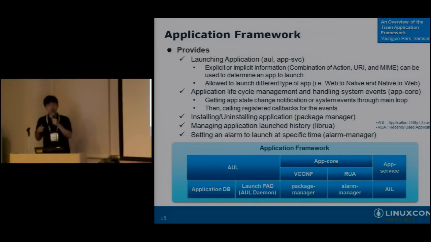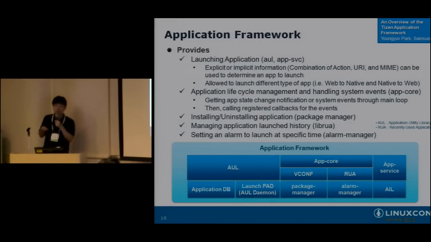Handling system events is a similar way from the application point of view. The application defines its callbacks and adds that callback for a specific system event. All of this is based on the main loop, and the package manager can handle the installation and uninstallation of applications.